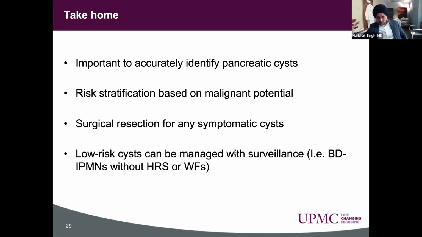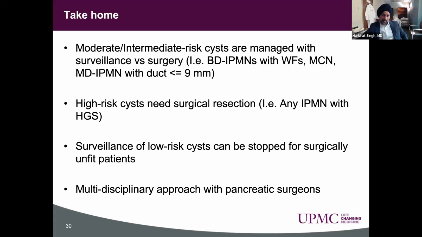Surgical resection for surgically fit candidates is recommended for any cyst which is symptomatic, malignant, or precancerous. Low-risk cysts can be managed with just surveillance with imaging, and these are usually branch-duct IPMNs or MCNs without any high-risk stigmata or worrisome features that we discussed. Moderate to intermediate risk cysts are managed with either surveillance or surgery, depending on how many worrisome features they have.